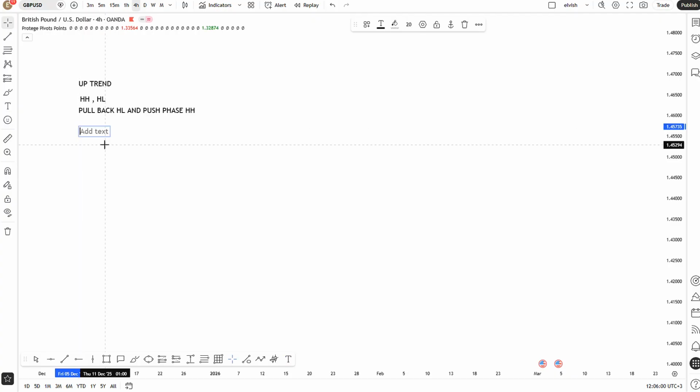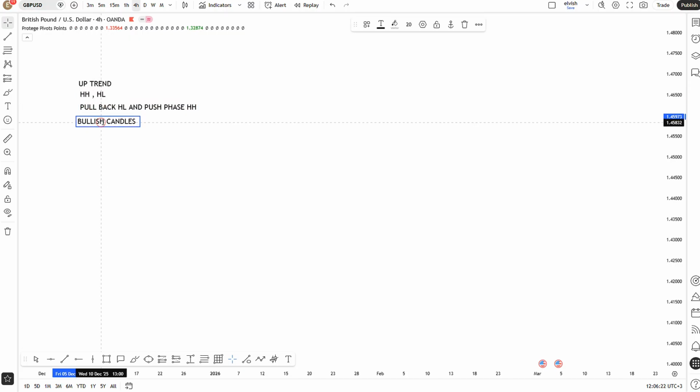Actually, we also talked about the candles, which in the uptrend are bullish candles, right? So that's what I talked about last time. I talked about all of this in the video that I posted a few days back. So in today's video I'm going to be talking about the downtrend.